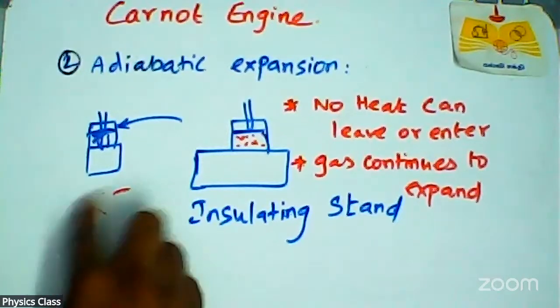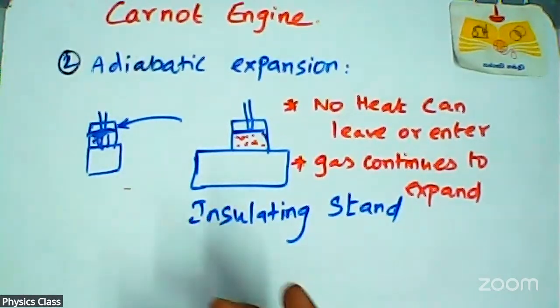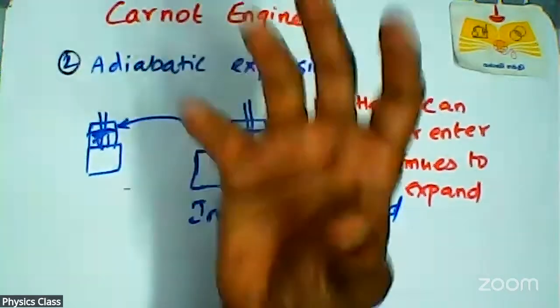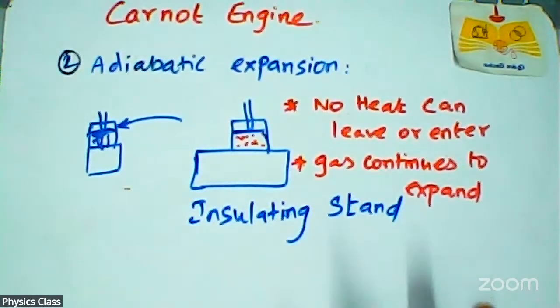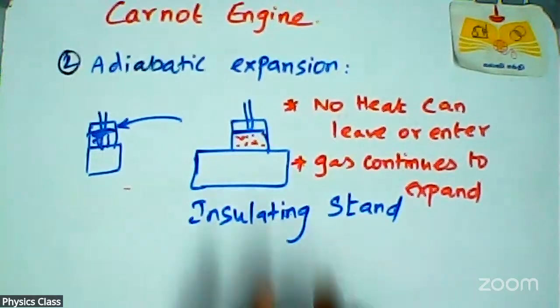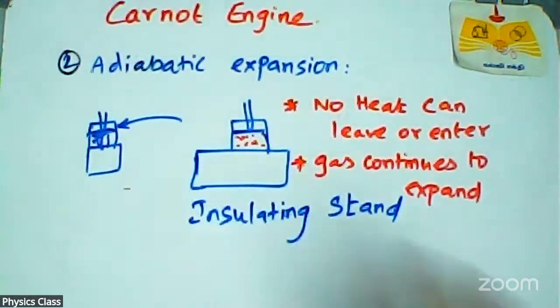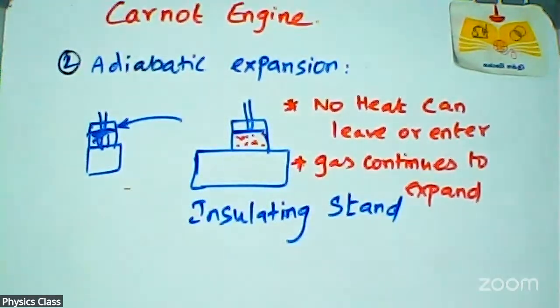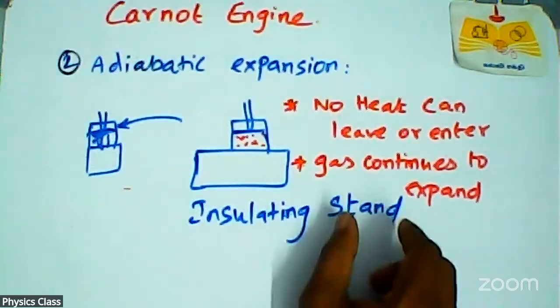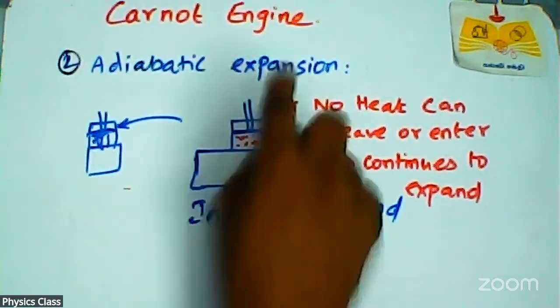But here there is no temperature change, so the volume does not decrease. There is no heat entering or leaving, so the gas continues to expand. So this process is called expansion.